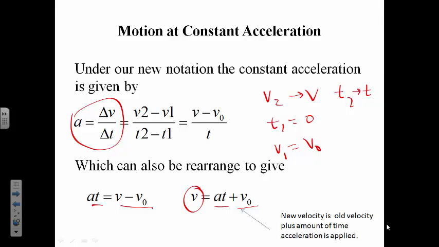So this is our new notation, where v2 went to v, t2 goes to t, t1 is now 0, and v1 is now v at time 0.